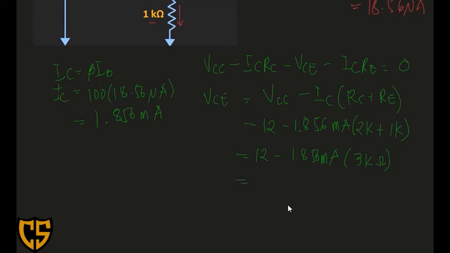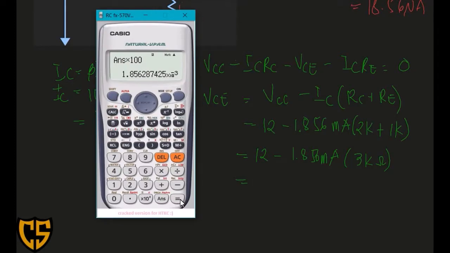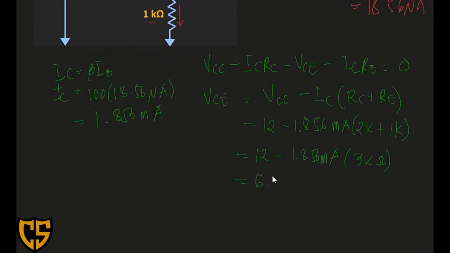So this will be 12 minus 1.856 milli times 3 kilo ohm. So aton answer will be 6.432 volts. So 6.432 volts para sa aton nga VCE.